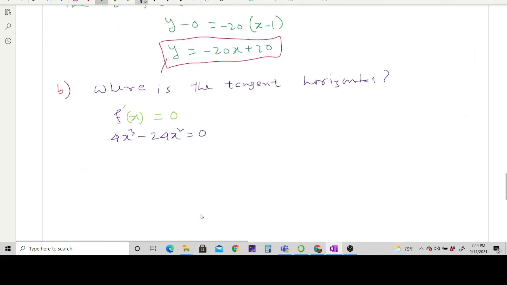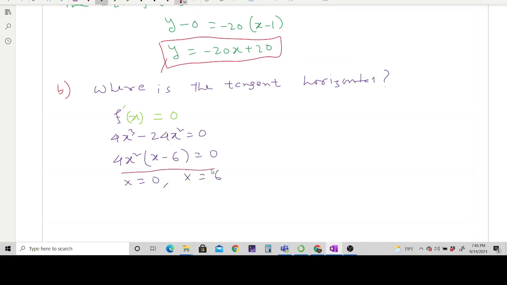Now we solve this equation for x. We get 4x squared as a common factor, so x minus 6 equals 0. If we solve this, we get x equals 0 and x equals 6. So at x equals 0 and x equals 6, we get the horizontal tangent.